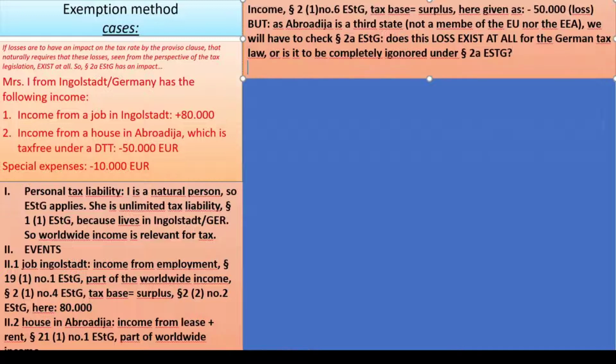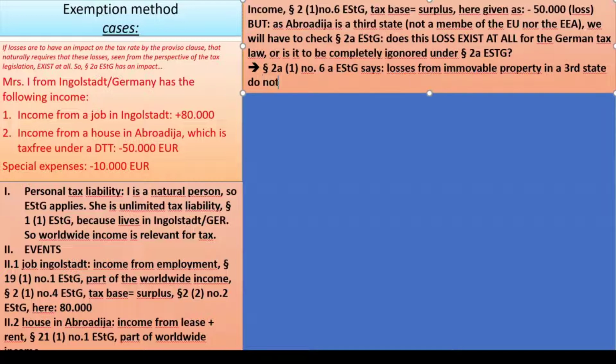Well, here, paragraph 2a 1 number 6a ESTG says losses from immovable property in a third state do not exist.